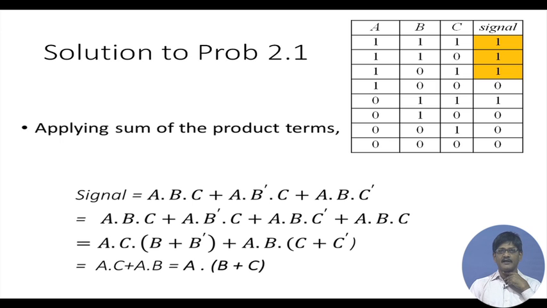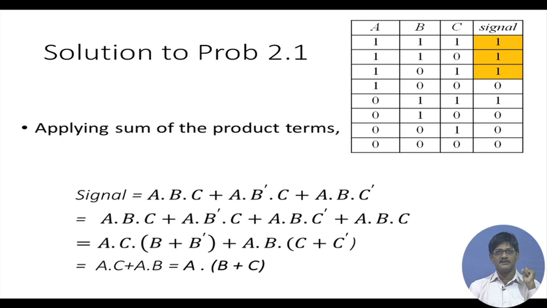Having understood that, we are taking ABC and adding one more ABC at the end. From the first 2 terms, we are getting A and C common, which is ANDed with B or B dash, plus A and B is taken common and it is ANDed with C or C dash. So, B or B dash is equal to C or C dash equal to 1.